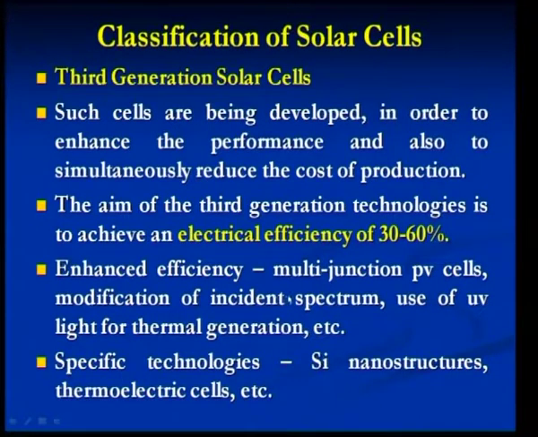Enhanced efficiency is based on multi-junction PV cells, modifications of the incident spectrum, use of UV light for thermal generation, and so on. Specific technologies are also based on silicon nanostructures, thermoelectric cells, and so on.